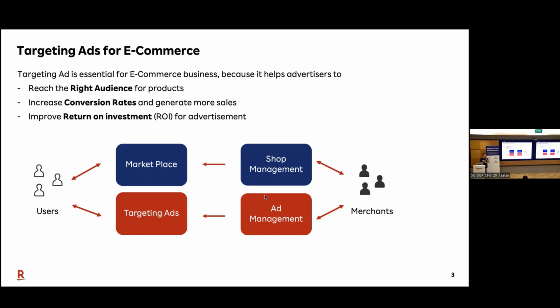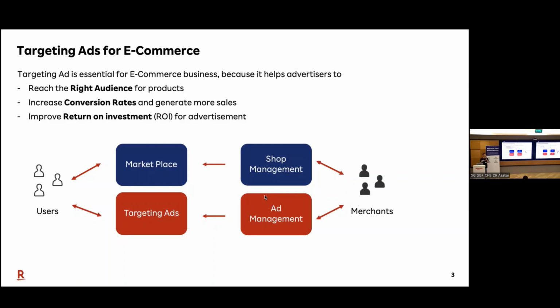Those kinds of ads don't have any targeting, so they apply to all the users who visit the page. But nowadays, for e-commerce platforms, whenever users visit some of the pages, we want to direct them to products they are interested in or may be interested in. So how do we increase sales for the merchants? This comes with targeted ads.